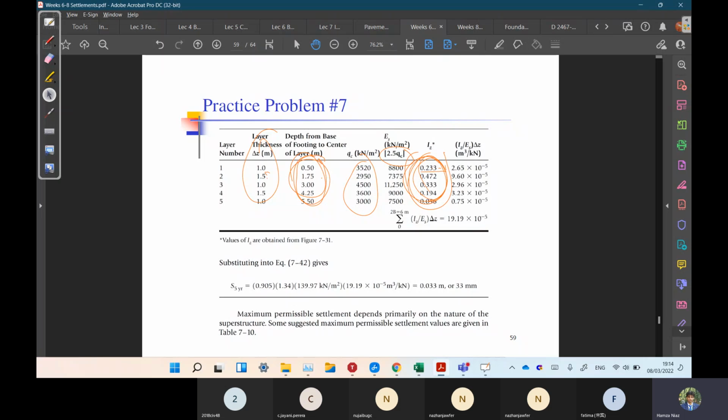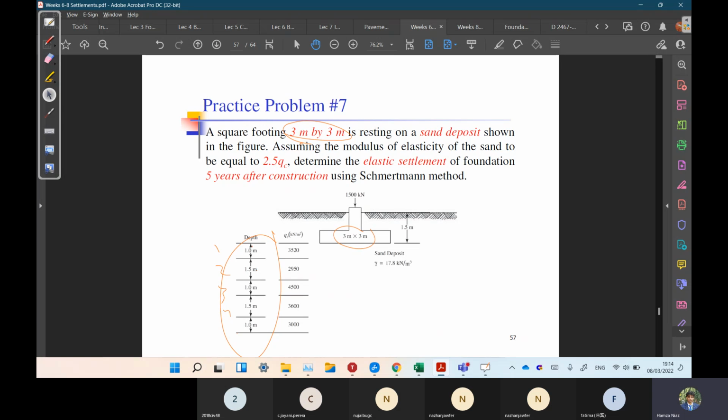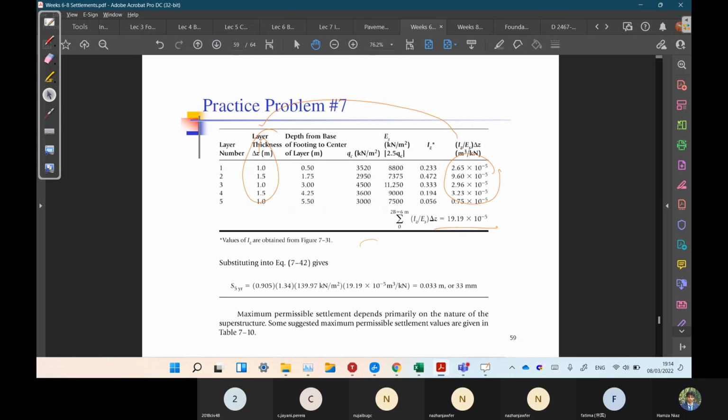These IZ values are calculated for all layers. Now simply multiply IZ with the thickness and divide by ES. Get this value and sum them. Our formula is C1, C2, C3 times delta Q times the summation of IZ into delta Z over ES.